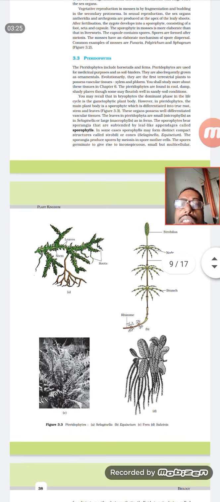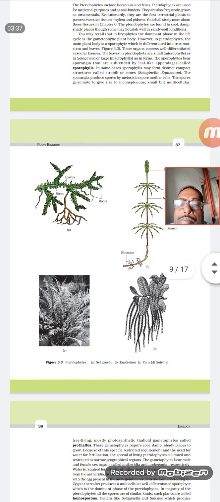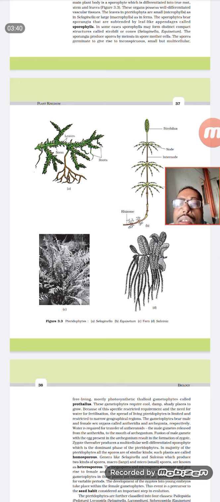And if you see here, these spores are formed by meiotic division, and these spores are conspicuous and multicellular. Wherever they fall they will develop into a pteridophyte. And apart from that, many of these pteridophytes are photosynthetic in nature. Even though they have a good amount of vascular bundles and systems present, they are restricted.